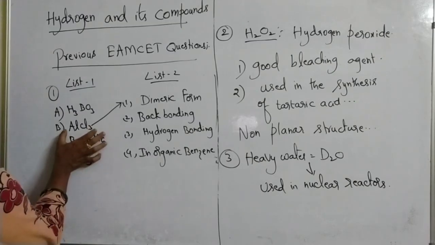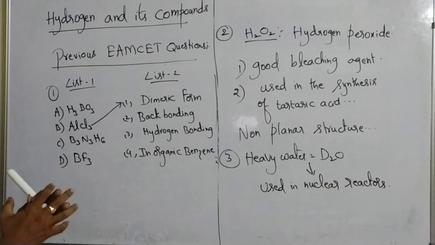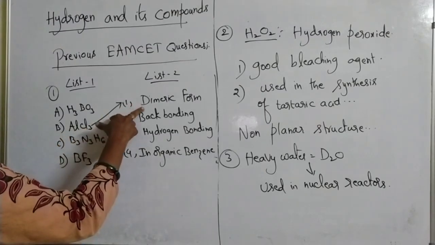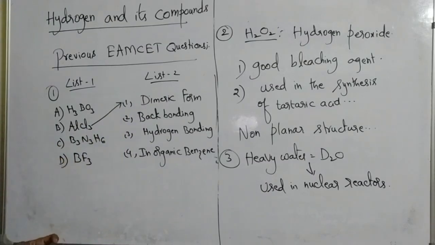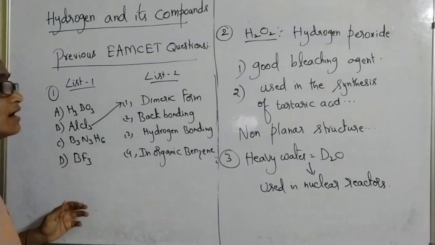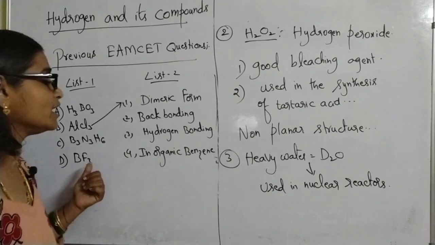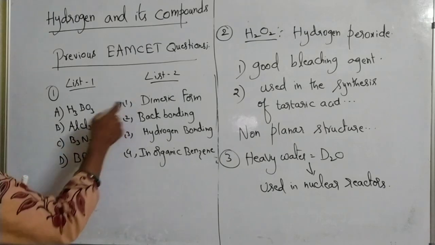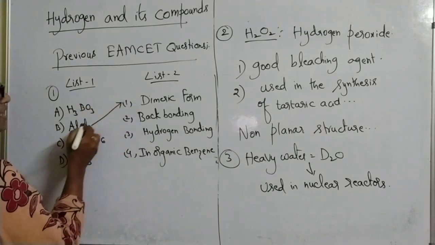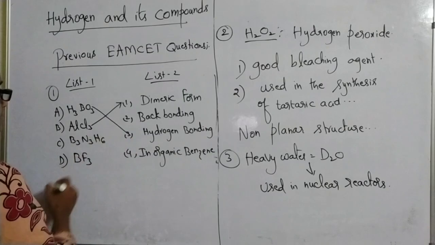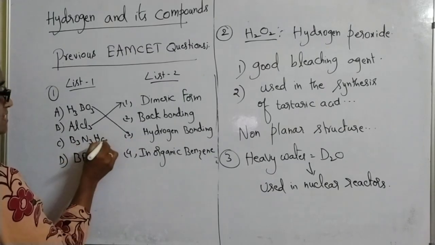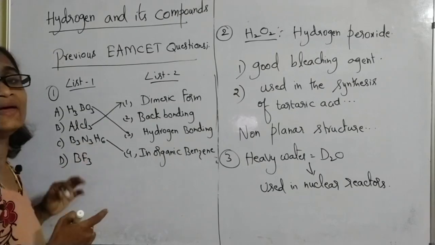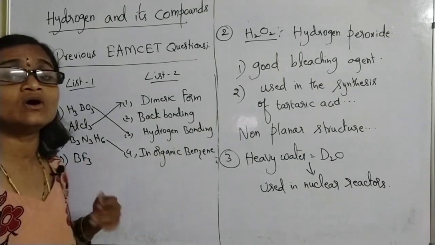If two substances combine with each other to form a big molecule, then it will be existing in the form of a dimer. A single substance is called what? Monomer. Whereas if two substances are joined, you call it what? Dimer. Okay, so AlCl3 exists as a dimer. Here H3BO3 will have hydrogen bonding, and B3N3H6 has the same structure as that of benzene. So it is called what? Inorganic benzene.